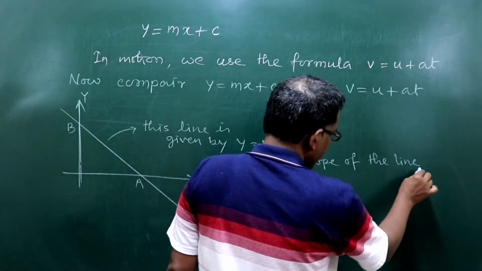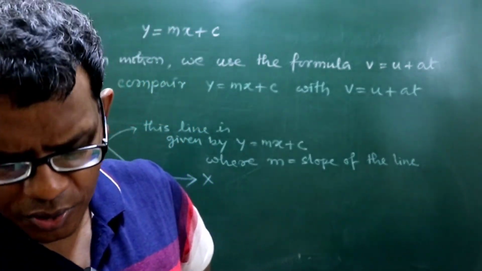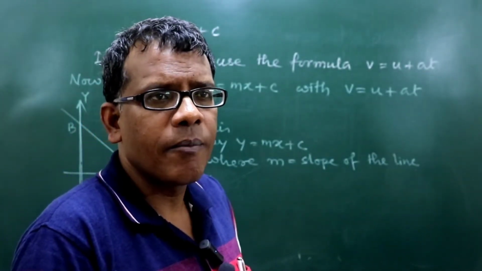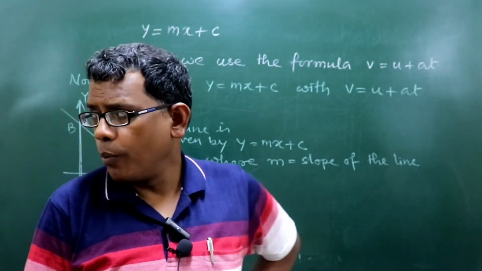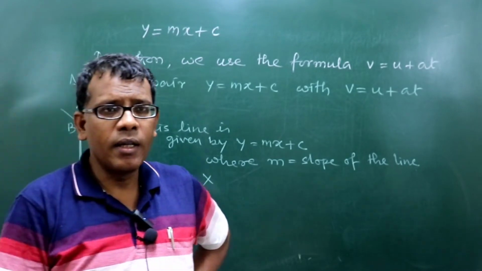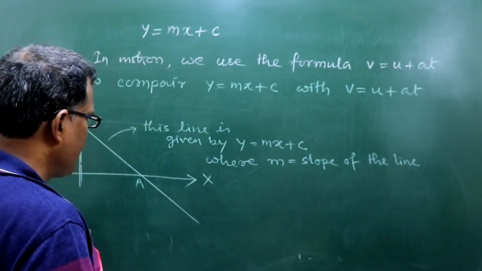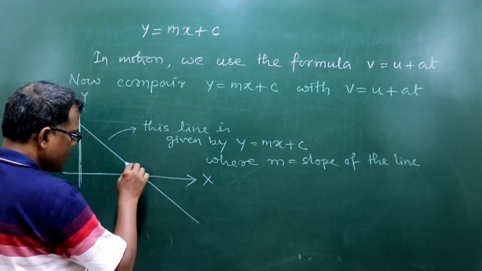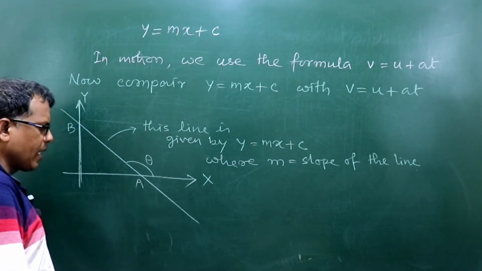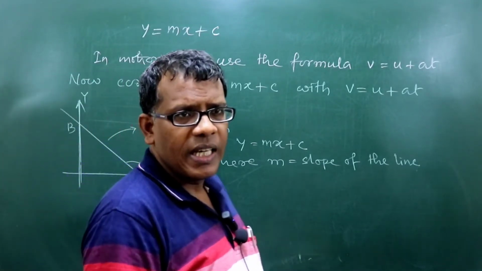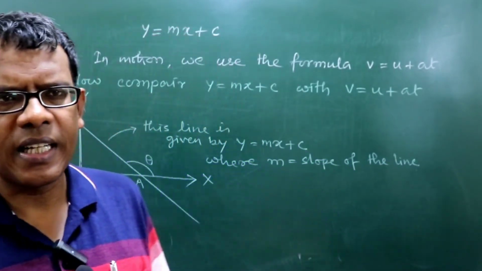Do you remember this thing? We have done it in coordinate geometry discussion, in straight line discussion in mathematics. Yes or no? If m equal to slope of the line, then when we draw a line on xy plane, slope is numerically decided by this geometrical angle theta, which is the angle between the line and the positive direction of x-axis.